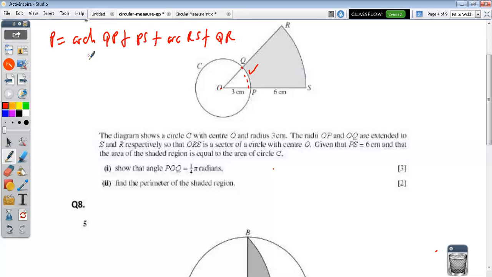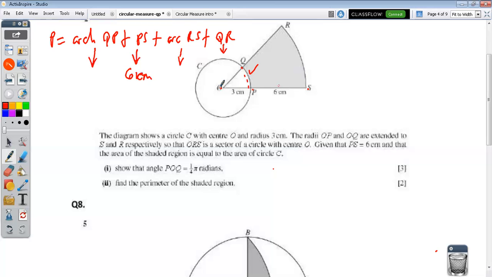So maybe let's start with the lengths. PS is 6 centimeters. This we are yet to find. This we know, this is 6 centimeters.